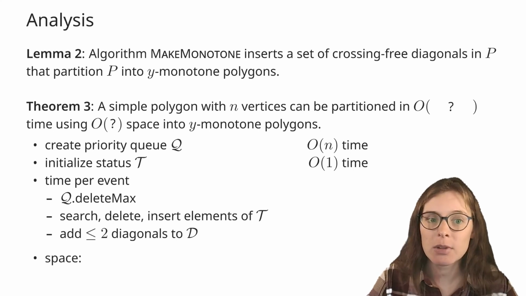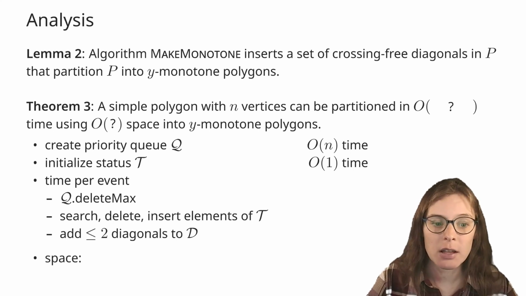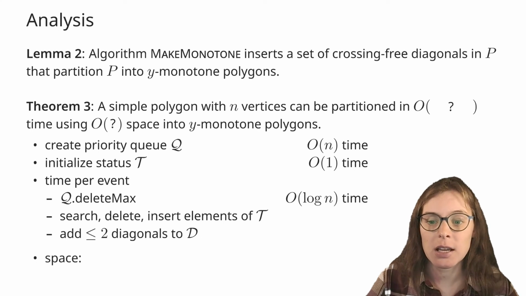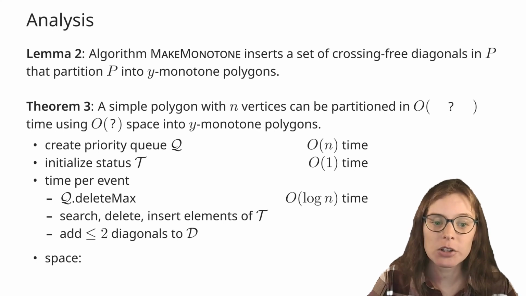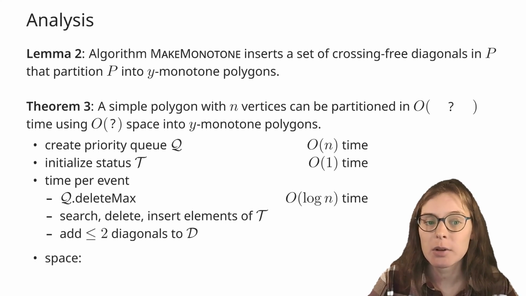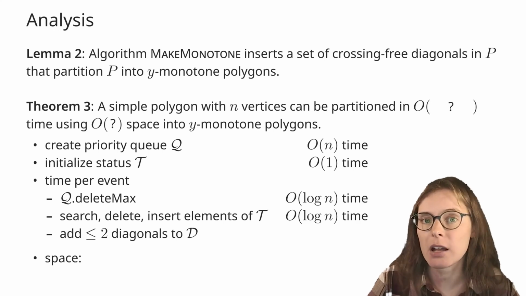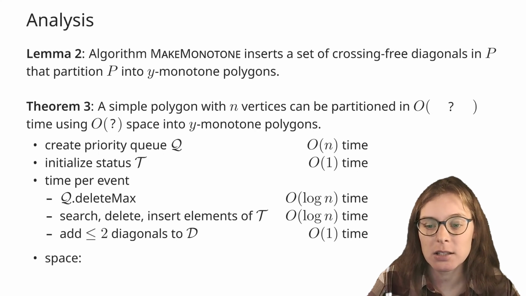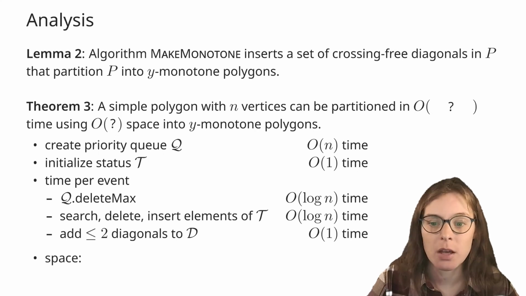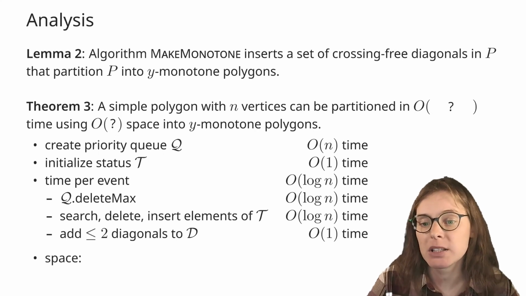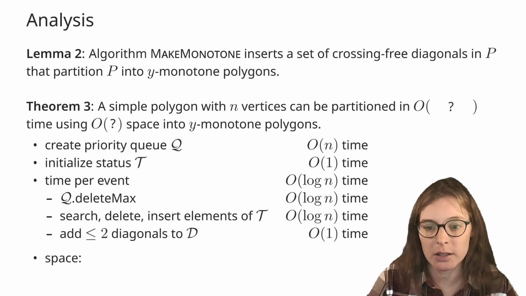Now for the time that is spent for each event, the delete operation takes logarithmic time. The search, delete, and insert elements into the status structure also take logarithmic time, and adding at most 2 diagonals to the doubly connected edge list is constant in time. So in total, we spent logarithmic time per each event, and we know that there's going to be n events.